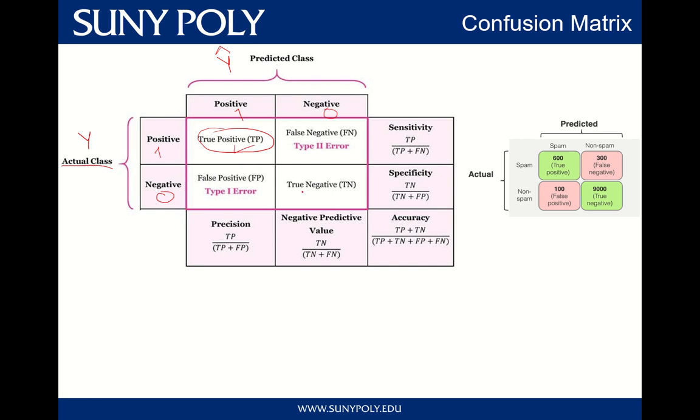So this is correct. Same idea with the true negative. In this case, our model said that it's equal to 0 or negative, and in real life, the y value is equal to 0 or negative. So this is also right. This diagonal will give you the observations that your model classified correctly.